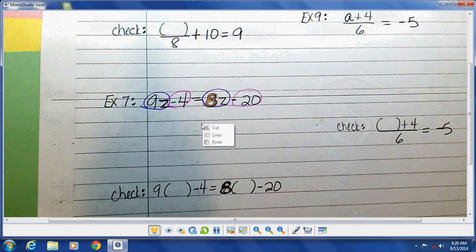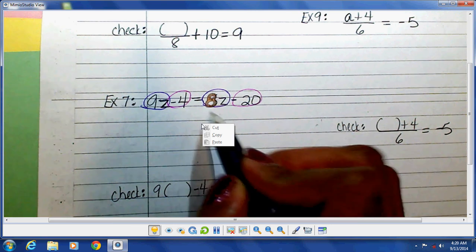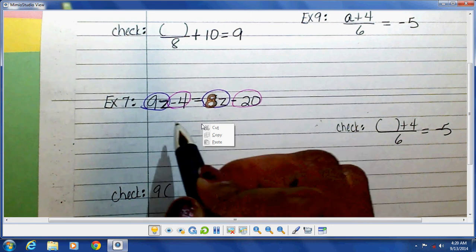And since both of the like terms are on opposite sides of the equation, I'm going to have to do the inverse operation to move them together. Because I want everything that has a z attached together, and I want everything that's just a number by itself together. So therefore, I want to move these 8 z's to this side.